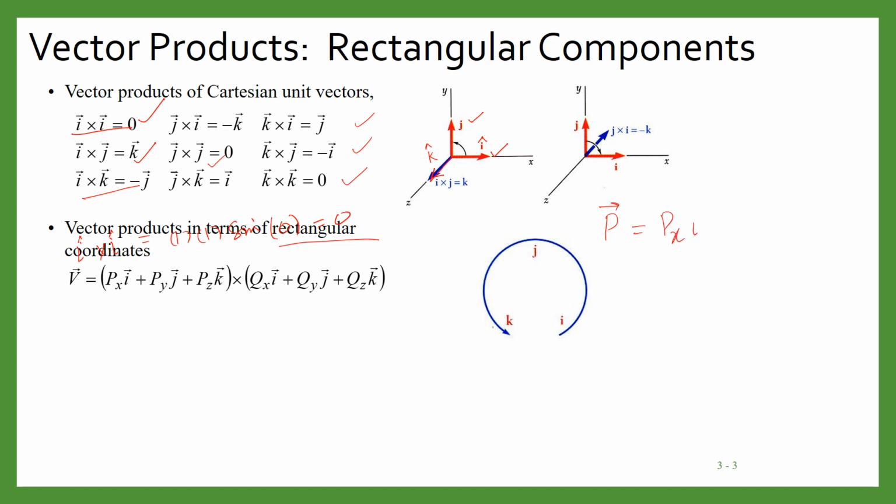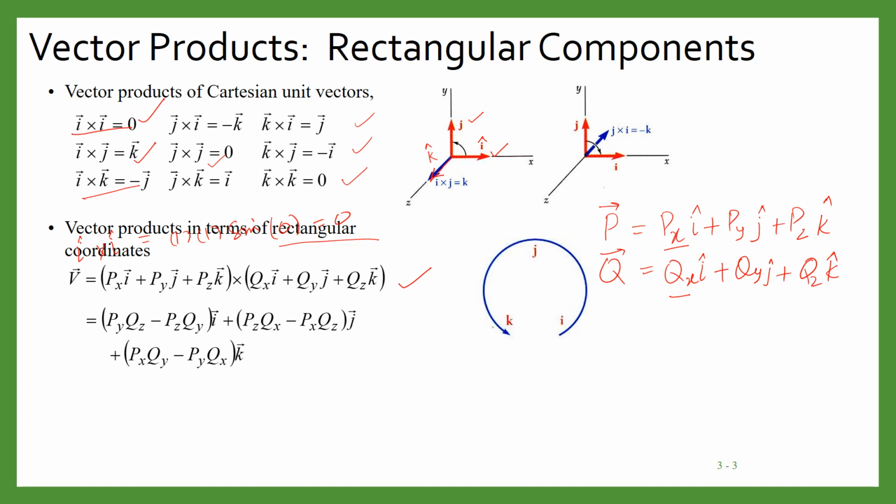Your p vector is pxi plus pyj plus pzk, and similarly you have q, which is equal to qxi plus qyj plus qzk. These vectors can be represented through their components, and you want to find out the vector product of these two vectors.